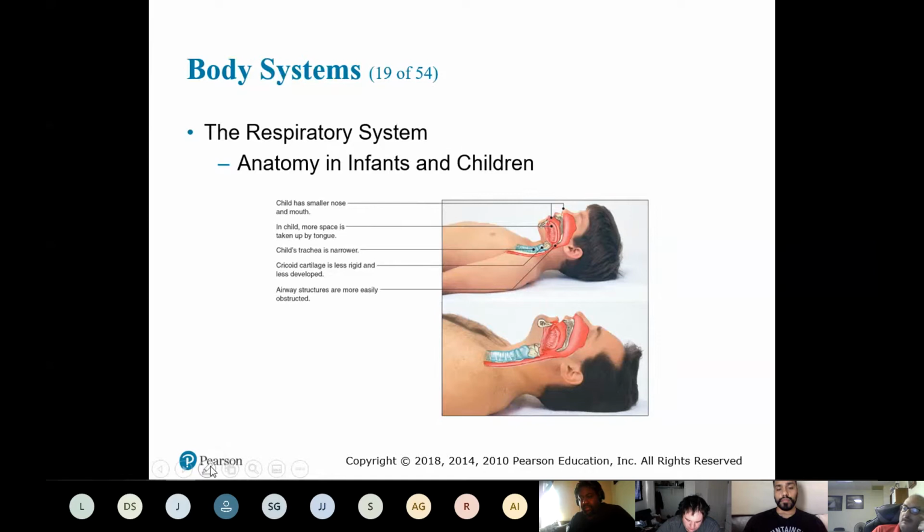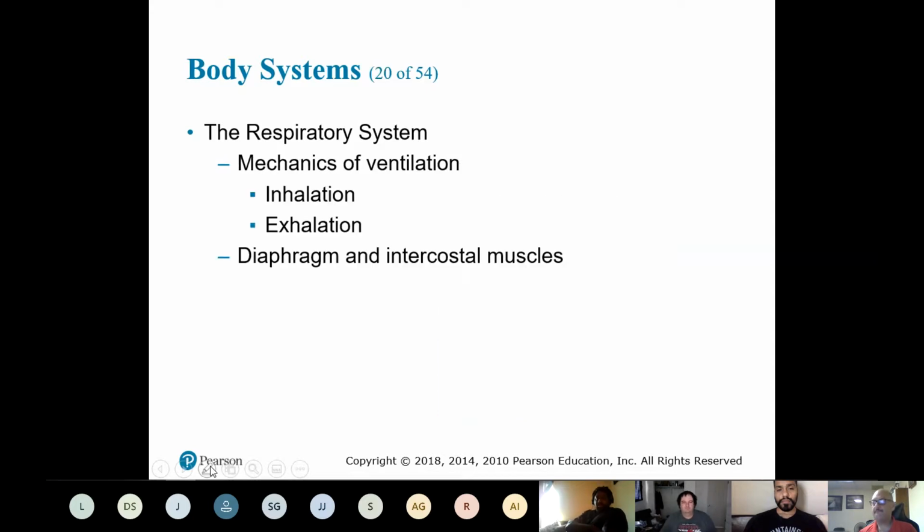Okay. Nose is going to be smaller. All right. So, any questions there? No. All right.